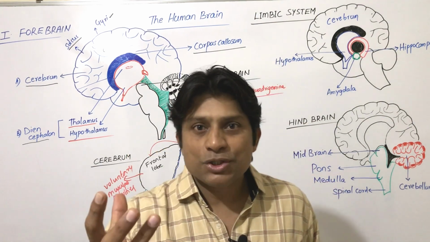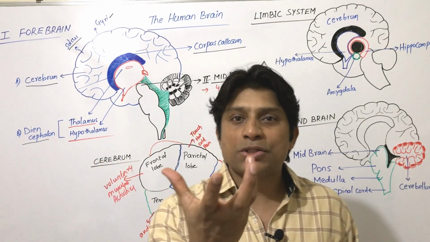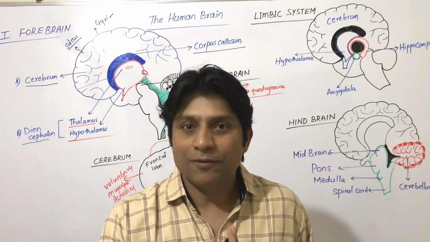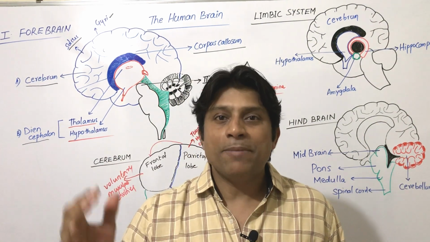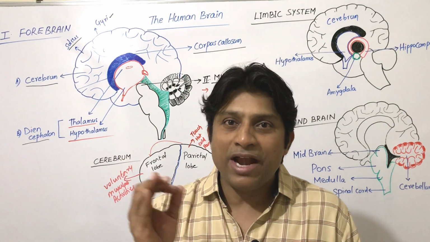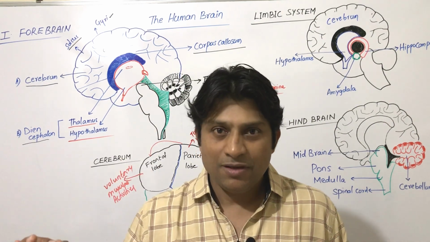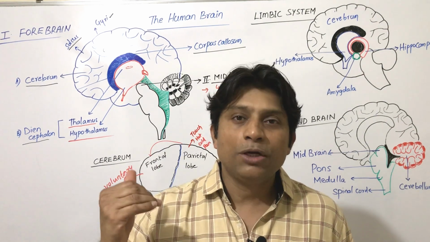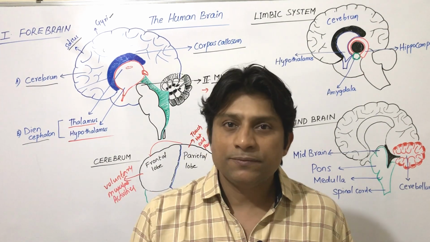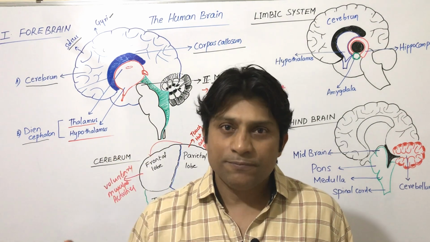The brain is enclosed in the brain box called the cranium, that is, the skull. In turn, the brain is surrounded by membranes. We call them cranial meninges. There are three cranial meninges. The outermost one is the dura mater, which is a tough layer.